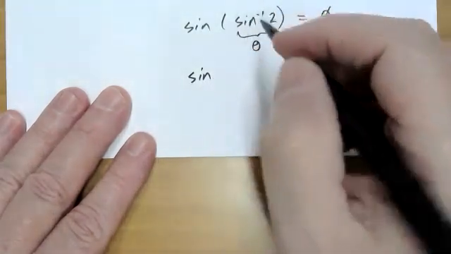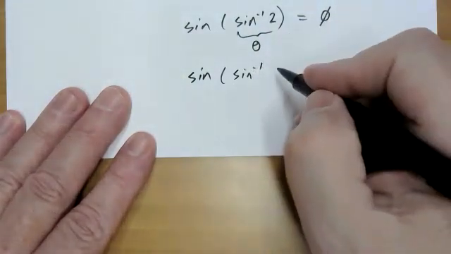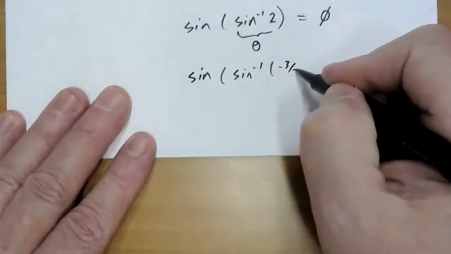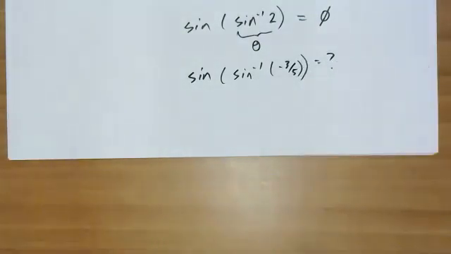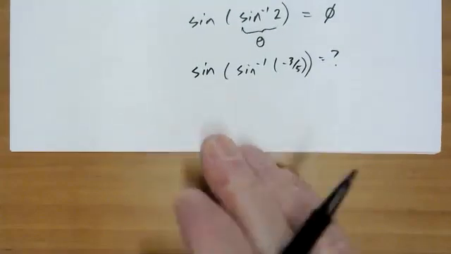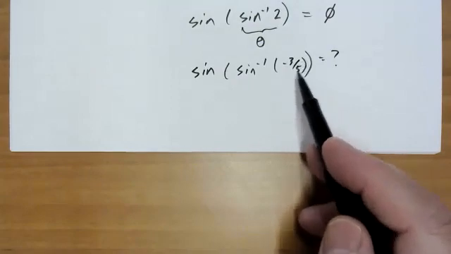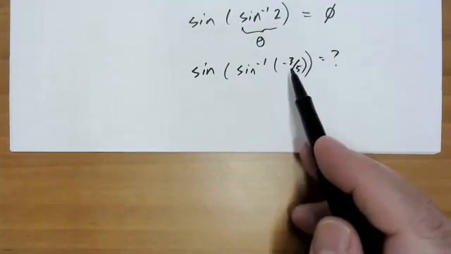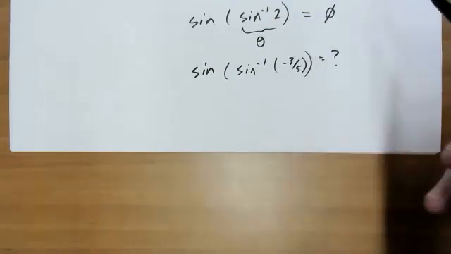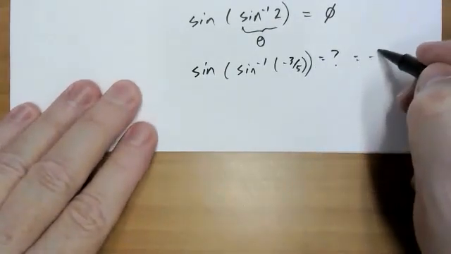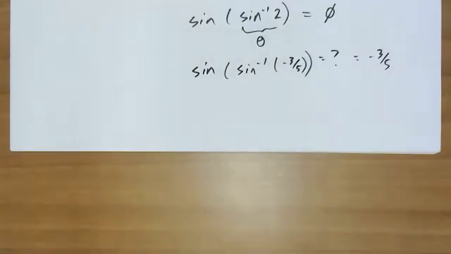How about sine of the inverse sine of -3/5? With this kind of composition, you simply say to yourself, here's my number. Is it between -1 and 1? Yes, it is. So right away, there's my answer.